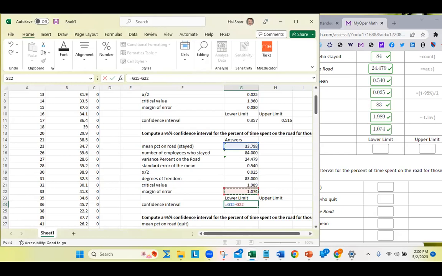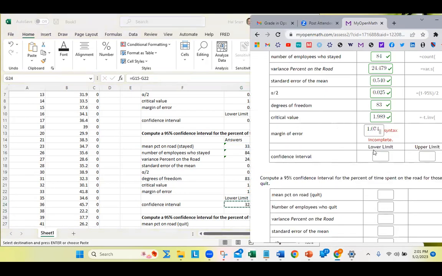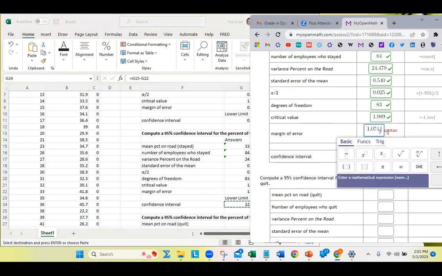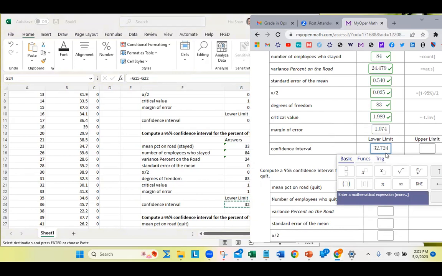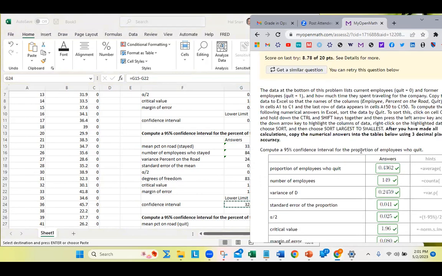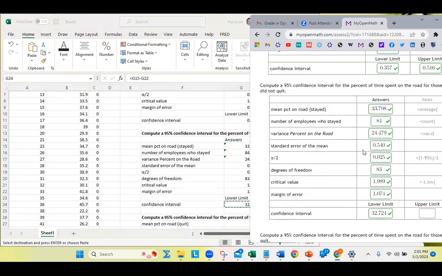I think most people would probably not like to travel so much. I hate flying, right? Some people love to fly. So my best case scenario, my lower limit, is what? 32.724. And I got that right.